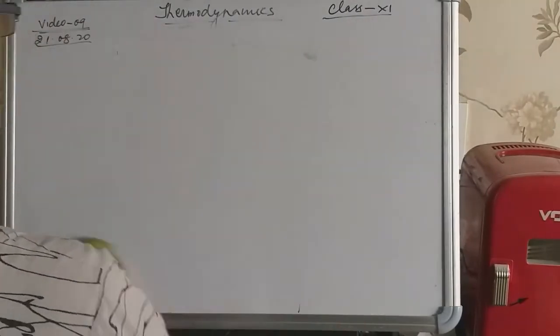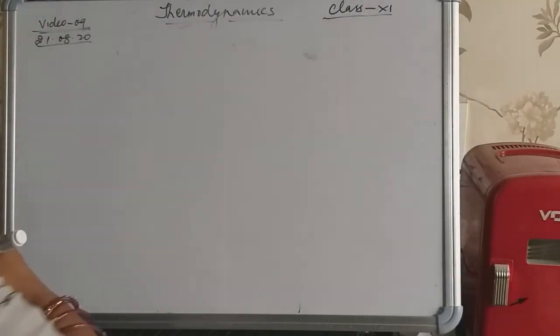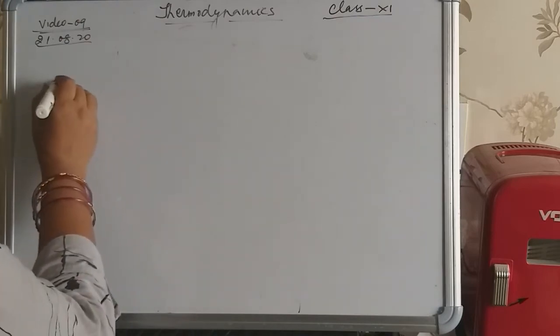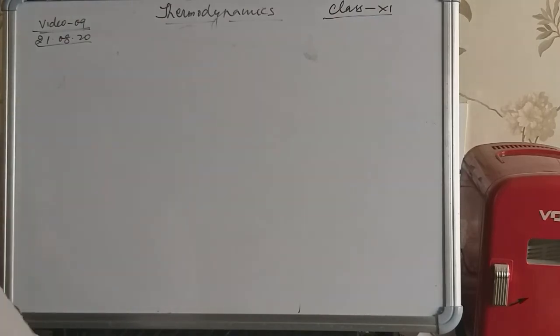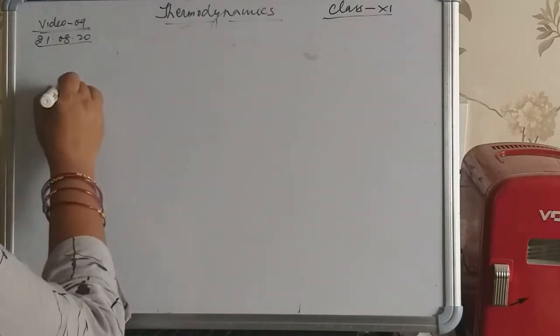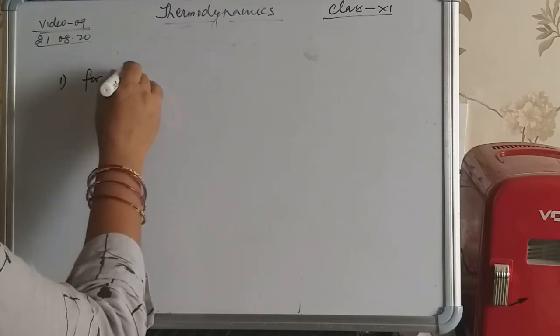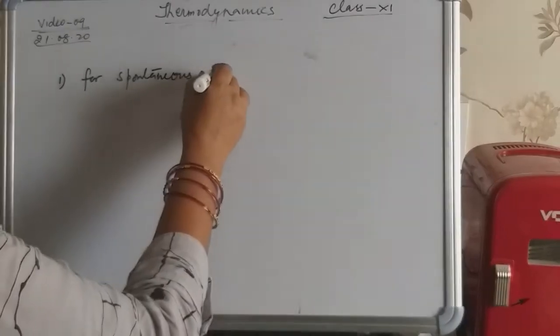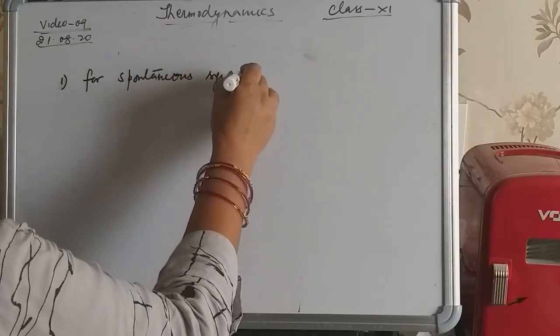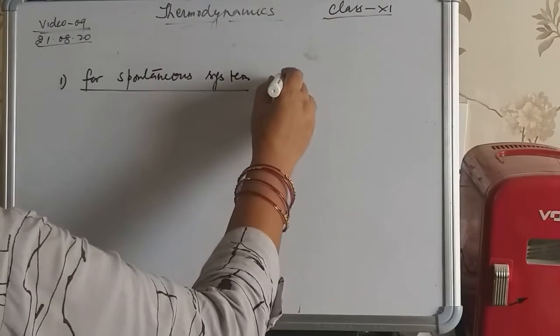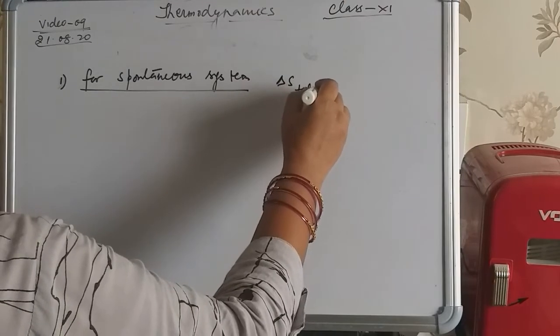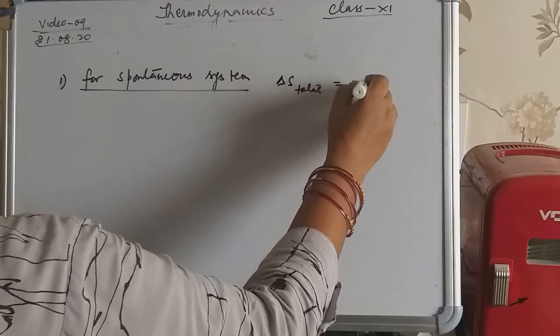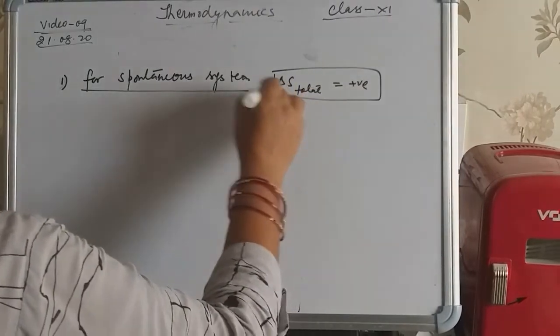So students, let's discuss the Gibbs energy for spontaneous and non-spontaneous processes. At first we discuss the spontaneous process. For a spontaneous system, the total change in entropy must be positive.